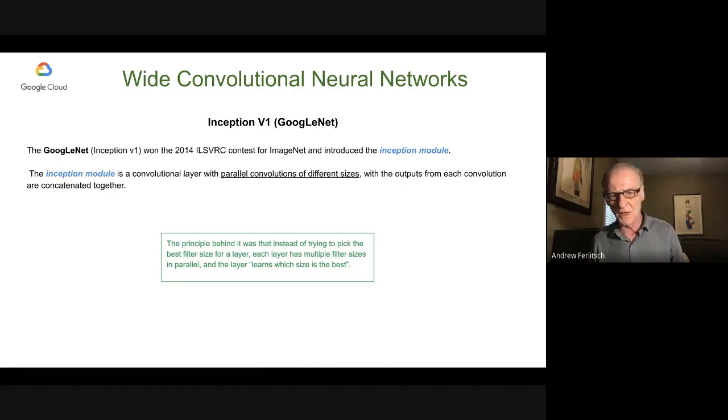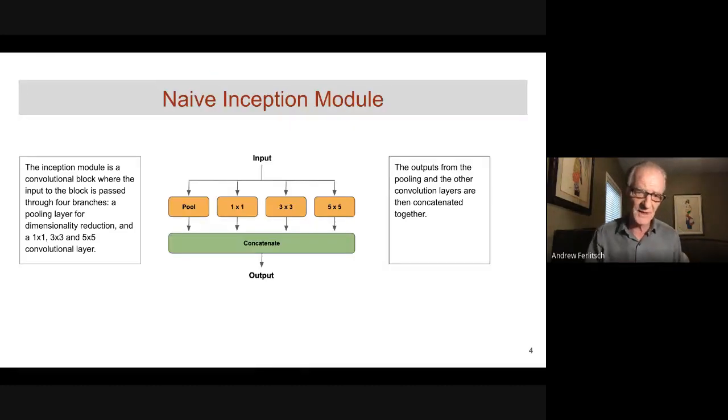The Inception module is a convolution layer with parallel convolutions of different sizes, with the outputs from each convolution concatenated together. The principle they proposed in their paper was, instead of trying to pick the best filter size for a layer, have each layer try different filter sizes in parallel and let the layer learn which size is best. This is what they called the naive Inception module.